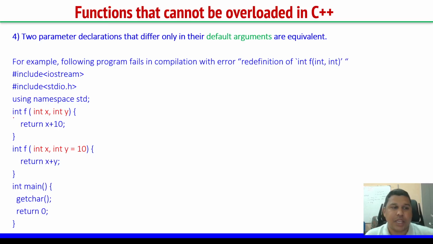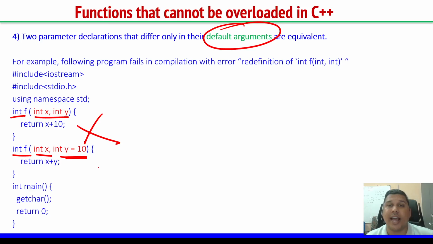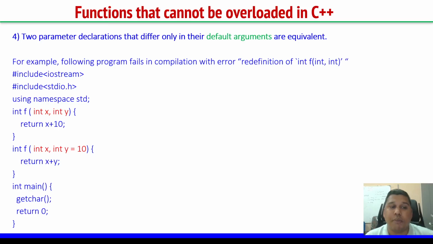Now see here, I have one function int f, int x, int y normally. Here I have the same function with int x and int y equal to 10, taking advantage of the default argument concept. This is also not considered function overloading, because if you observe, the function name is the same and the data types are also the same.